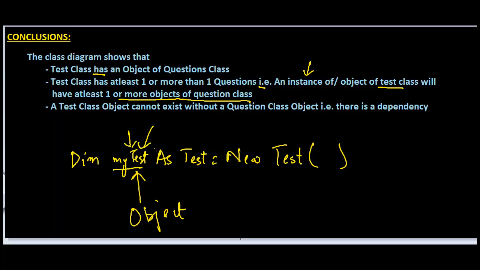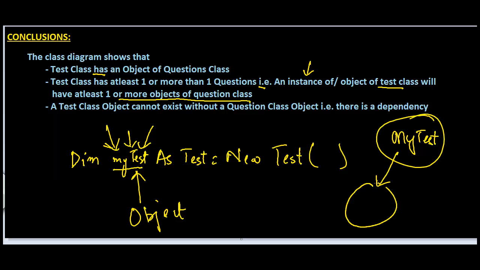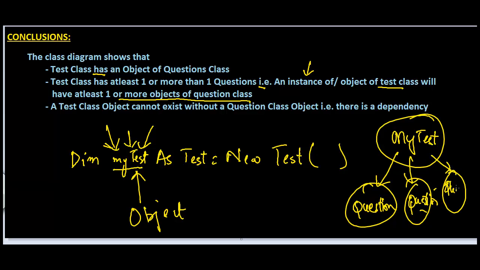So this would be a test which would have several questions inside of it, meaning that when this myTest object is created, inside of this one myTest object we will have several objects of the question class. And finally, a test class object cannot exist without a question class object, which basically means there is a dependency.